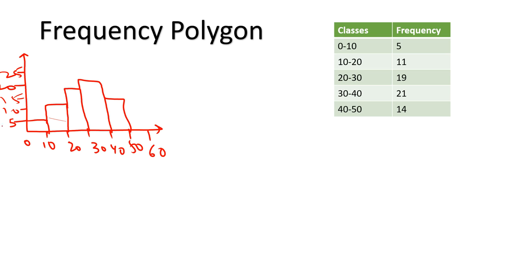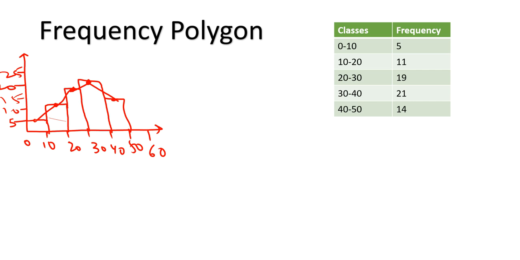So first of all, what we'll do is we simply take the midpoints of these histograms. At the upper bars, at the height, we'll take the midpoints. And we'll simply join these midpoints with straight lines. Right?